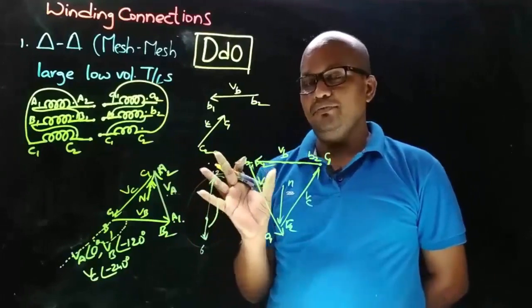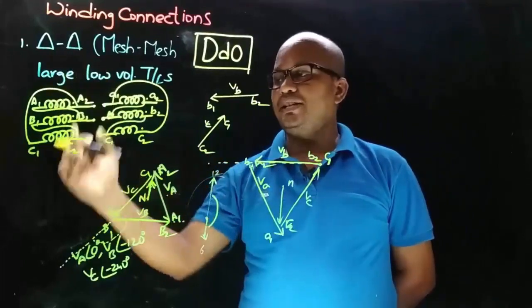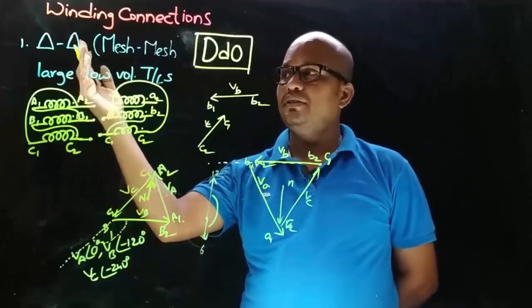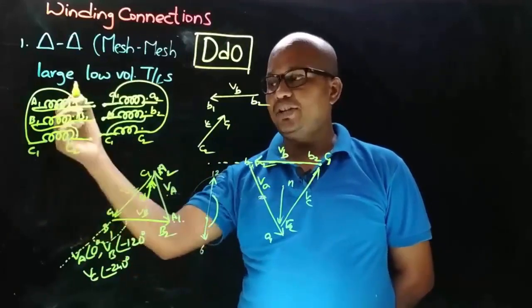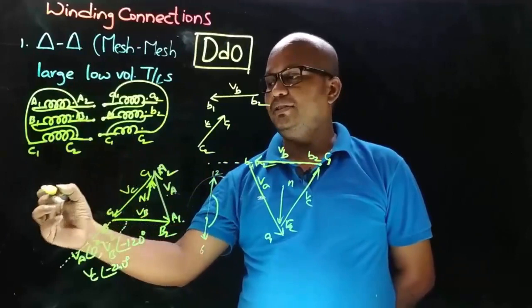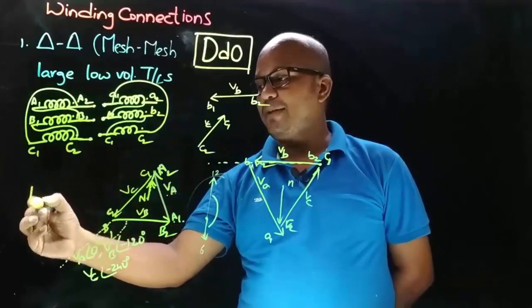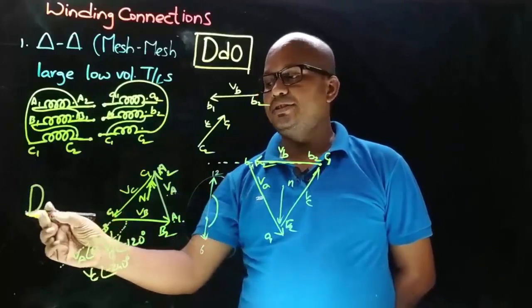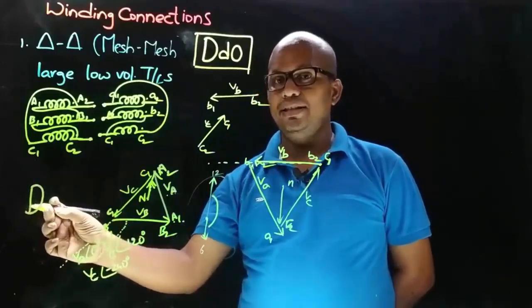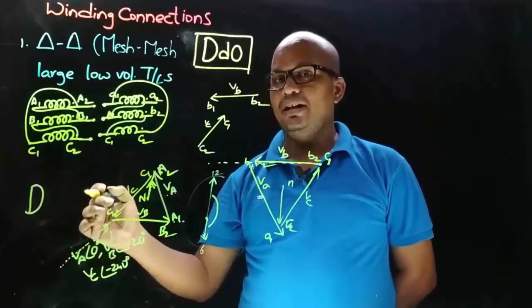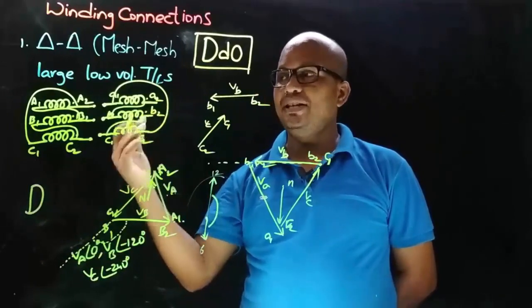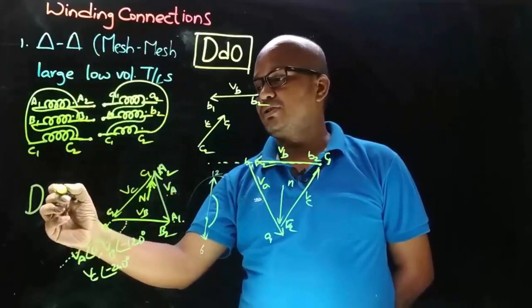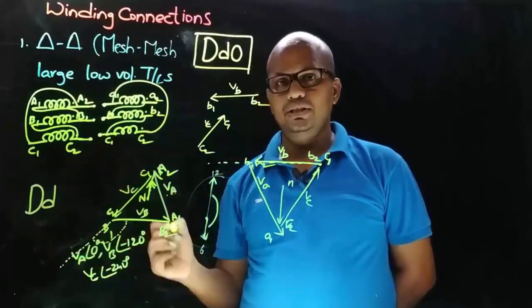Now let's identify the vector group symbol. So HV side connection is delta. So D represents the delta connection, and in vector group symbol first character is represented in caps. So capital D, and the second character is in smaller case, and it will represent the LV side connection. So LV side connection we took here is delta, so it is represented with small d.